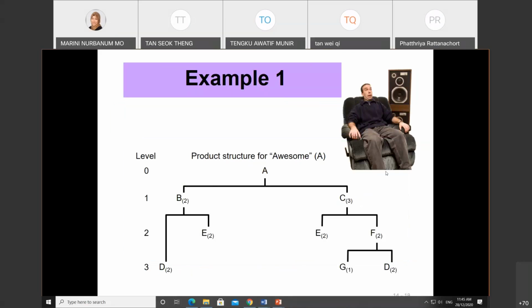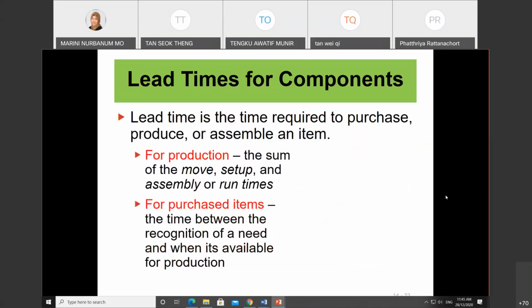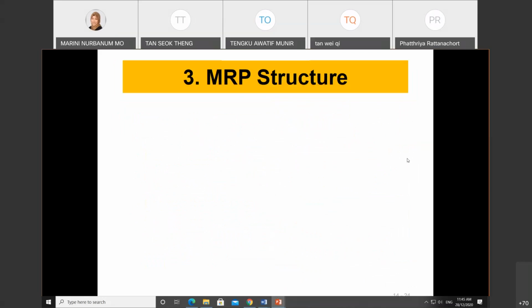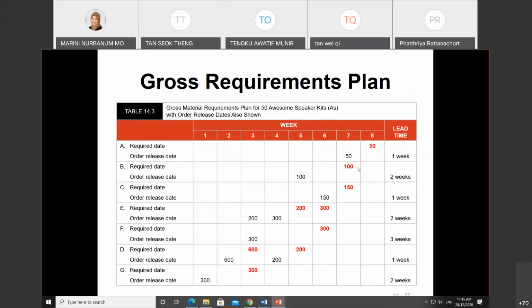Okay, good. So you know that B is 100. Because it's 2 weeks, don't put it in week 6. Put it in week 5.